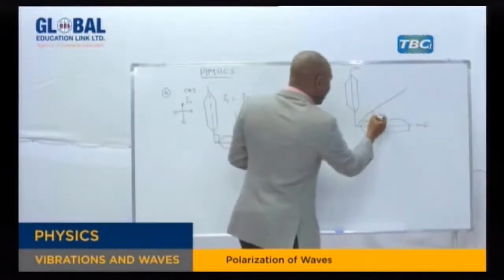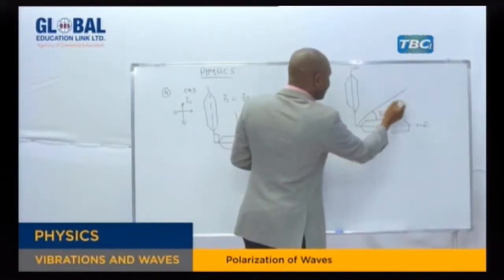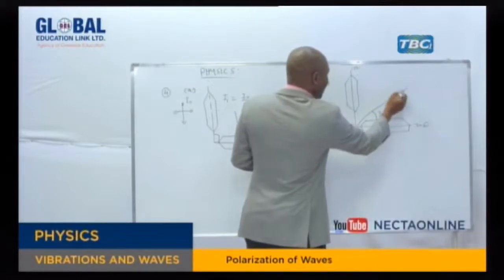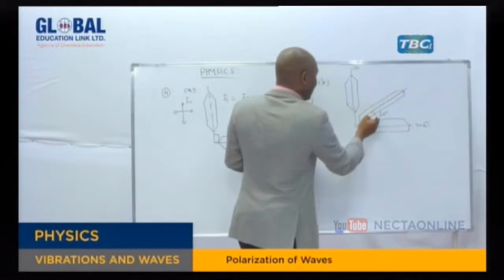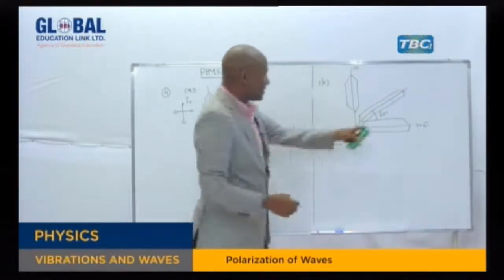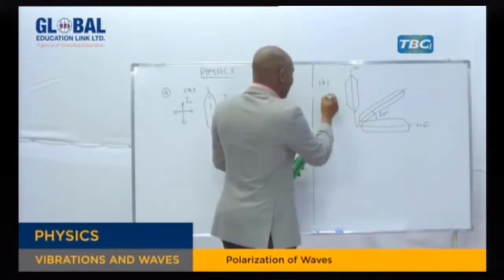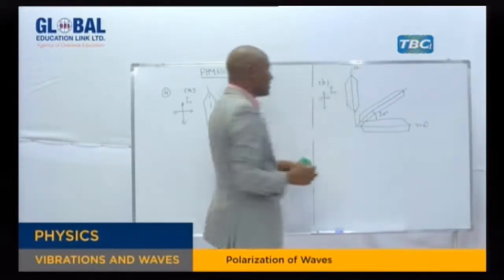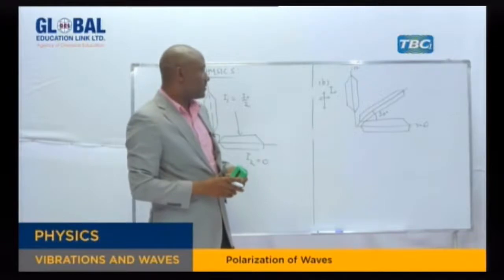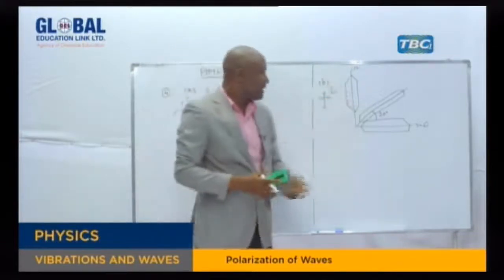That angle here is 30 degrees. So our third polaroid is here. Our original unpolarized light has intensity I naught. So you should know how to draw these diagrams.